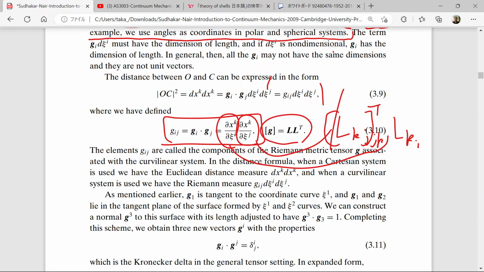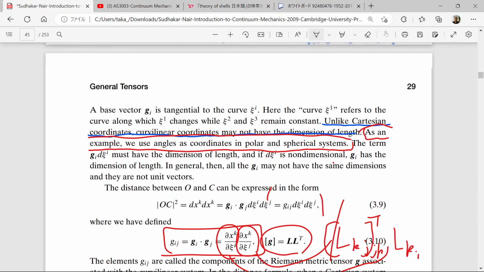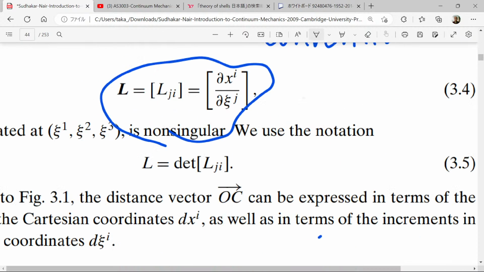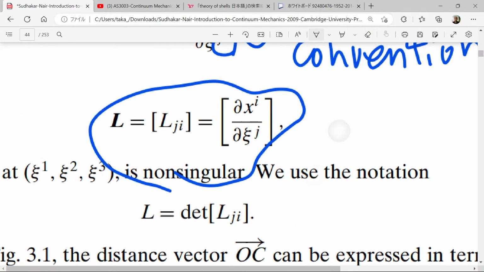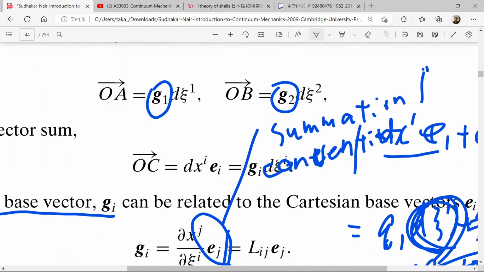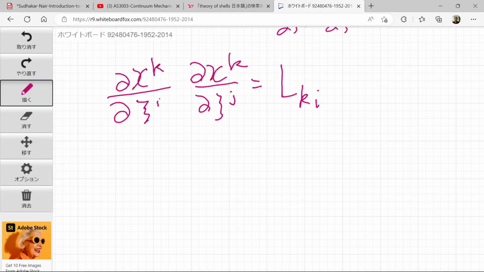According to the definition, let's see, what is the definition? This one, ji. Okay, downstairs first. This is jk, ik.